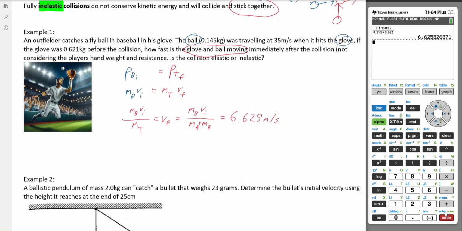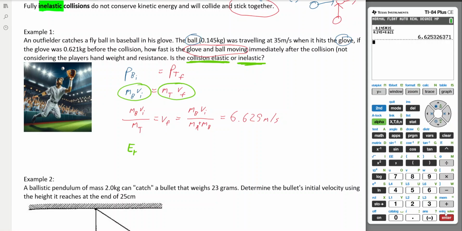Okay, so the question is now asking, is the situation elastic or inelastic? So how can we tell? Well, what we can do is look at the initial momentum values, or these two values, and we can look at the final momentum, or the final mass and velocity, whatever is moving, and we can compare them, but using kinetic energy now.